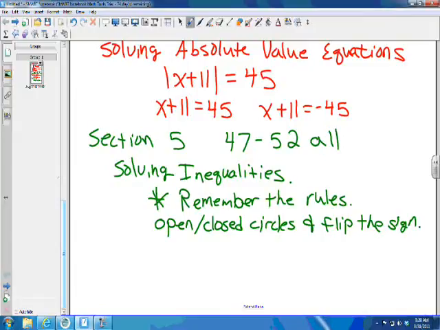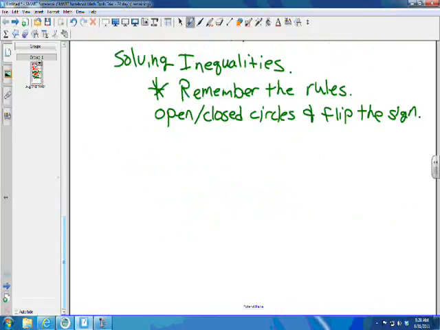When you multiply or divide by a negative. Flip the sign if you multiply or divide by a negative. But it doesn't say anything about splitting it into two, doesn't say anything about conjunctions or disjunctions. Okay? Recognize that. If it's not one of those things, that's not how you would solve it.